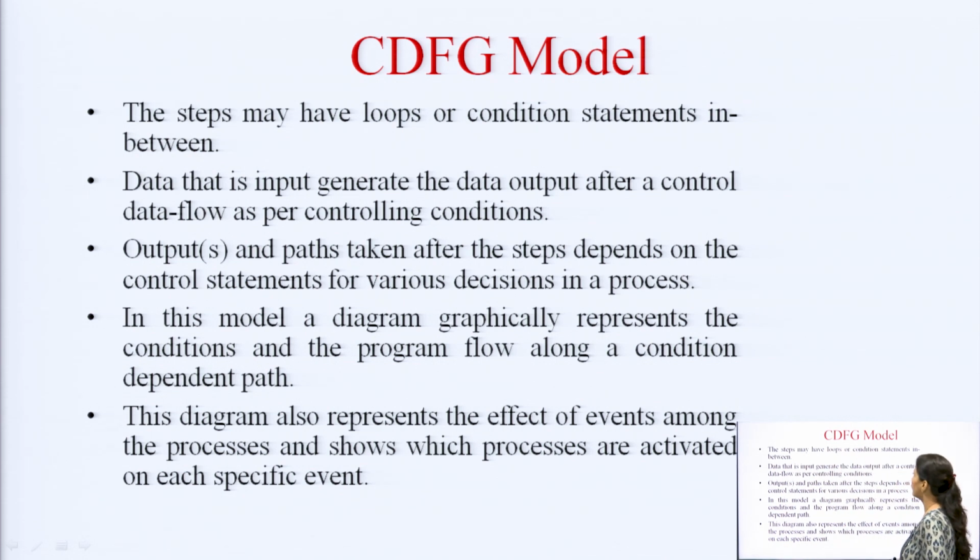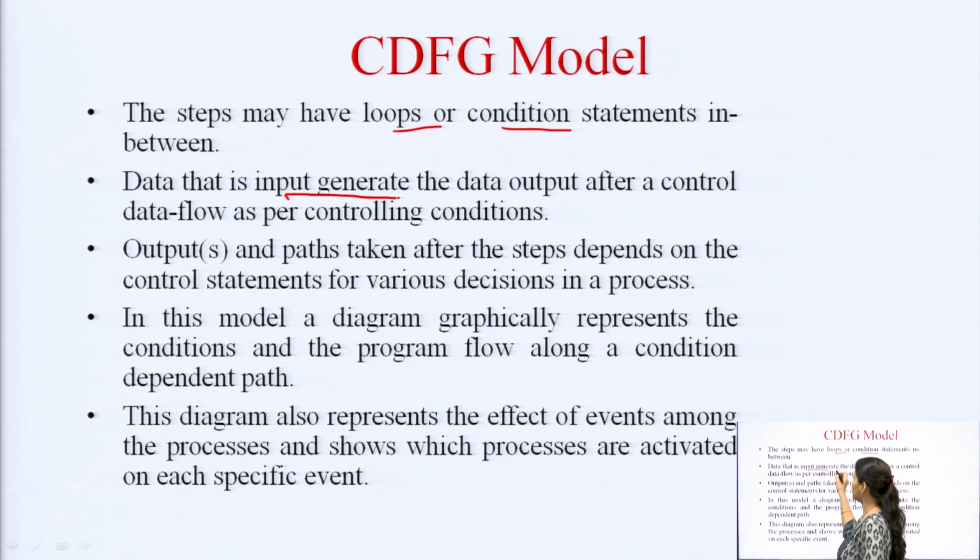The steps may have loops or condition statements in between. There can be loops, because when conditions are put in between the processes, they will obviously lead to some feedback loops and feedback to the previous process, and in this way there may be loops and condition statements in between the processes.